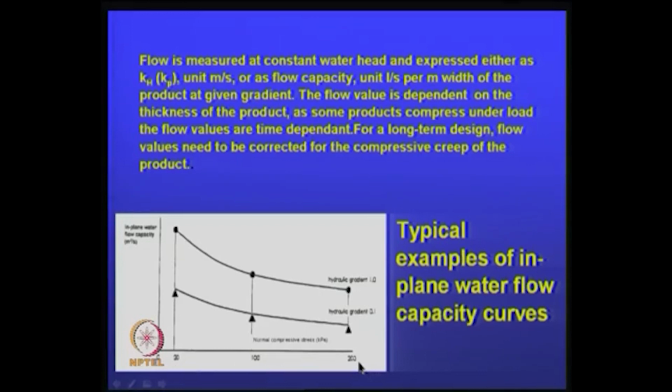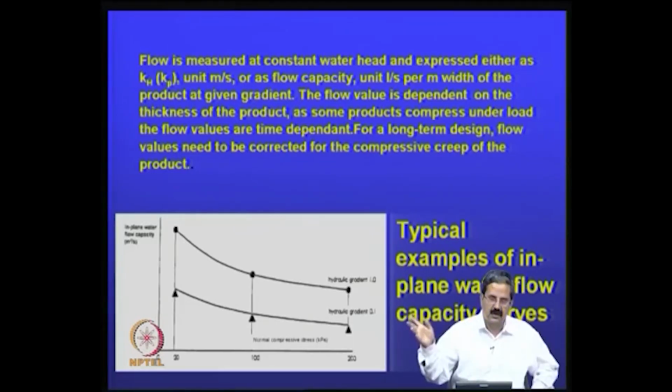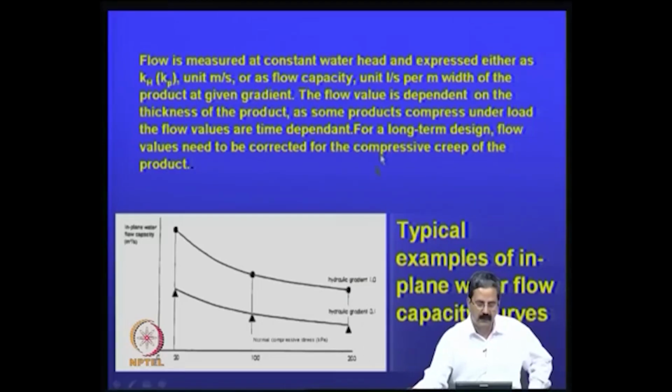Because, for example, if I am putting the coir drain 10 meters deep, that is considerably deep. At 2 meters the pressure is 2 into 20, so 40 kPa, and at 10 meters it is 200 kPa. So, it must be able to perform the drainage function satisfactorily. I must be able to see that adequate in plane flow is there all the time. That is what I just want to say.